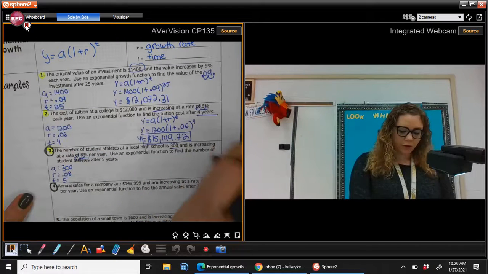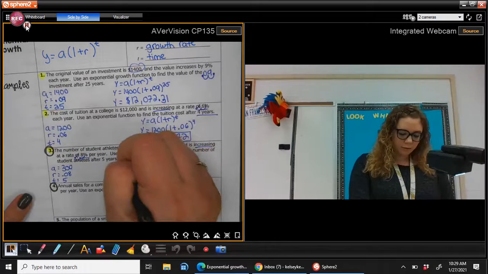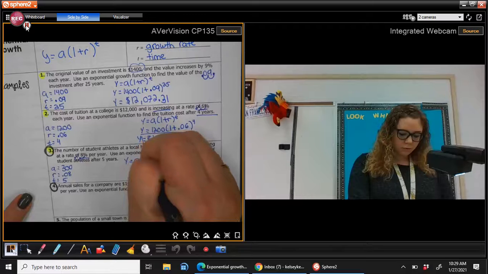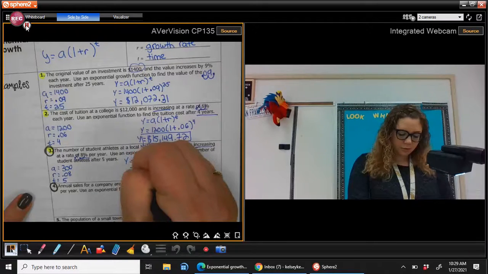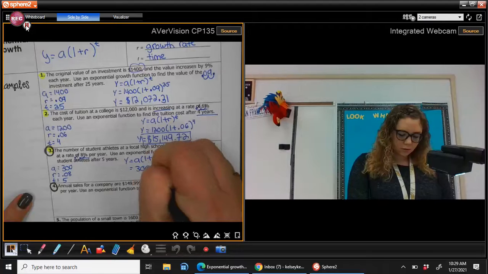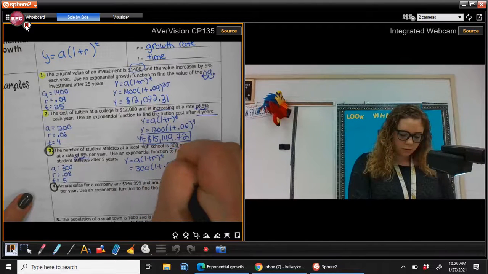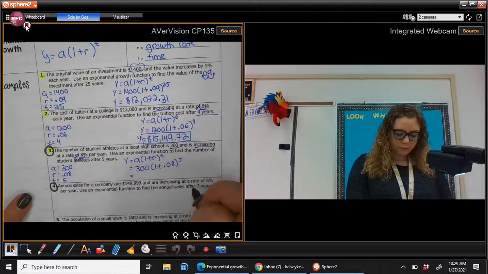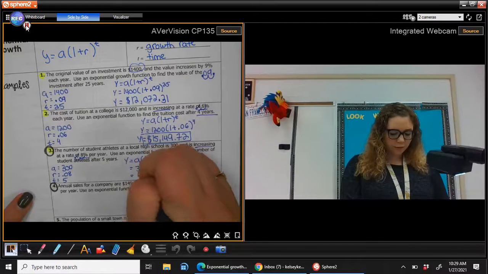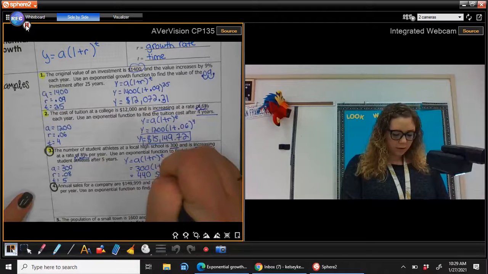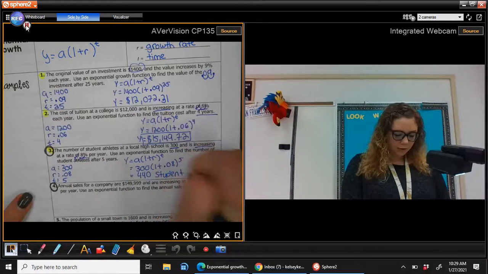We know it's growth because I'm increasing. And plug in my values. So when I put that in the calculator, I'm going to get 440 student athletes.